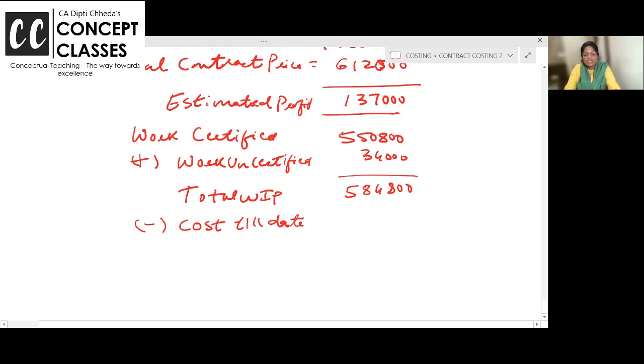What is the cost till date? अभी तक का cost they have given ना 450. 4,50,000. So what you get, you call it as notional profit.